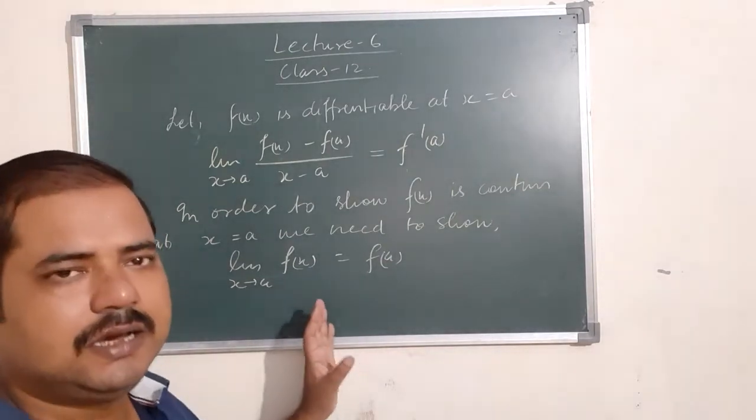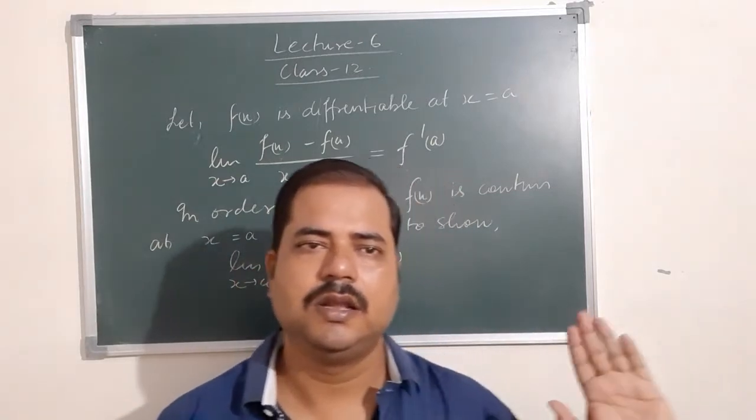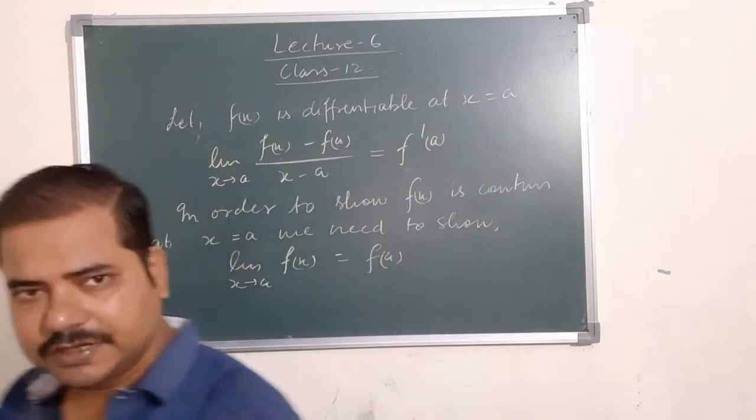If a function is continuous at x is equal to a, then this is the definition: limit of the function is equal to the value of the function. So please note it down.